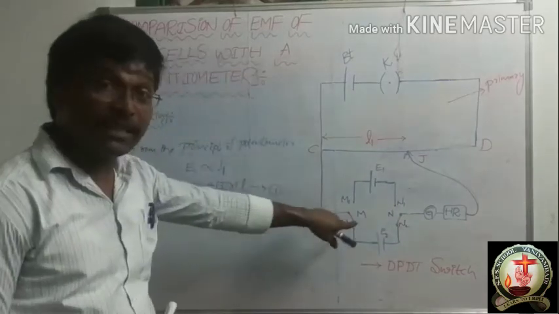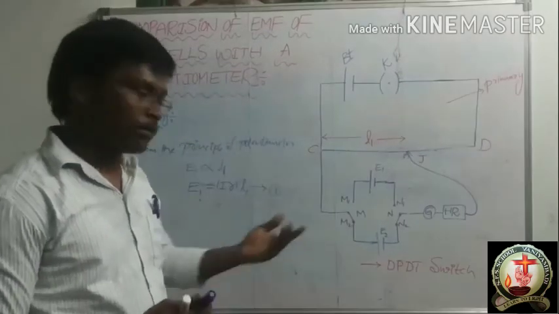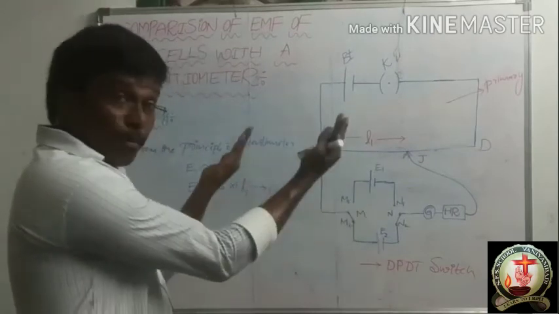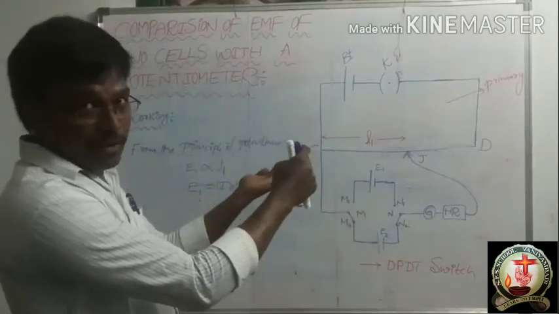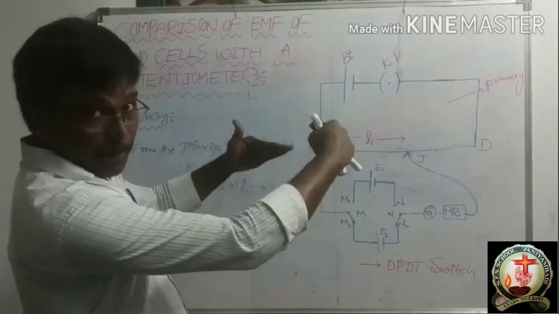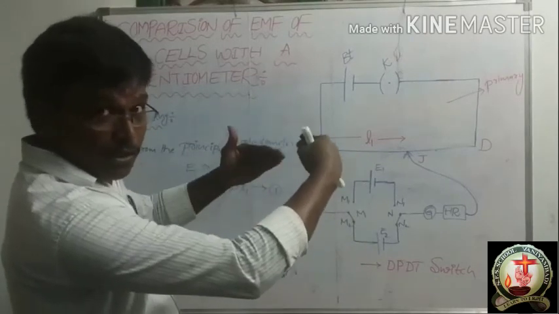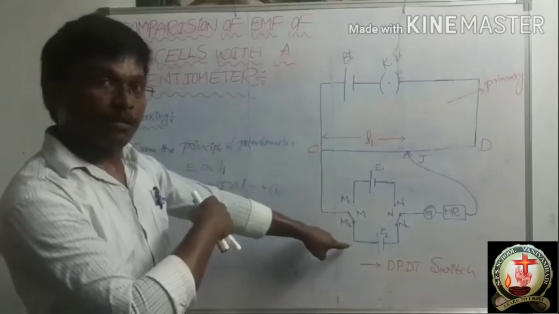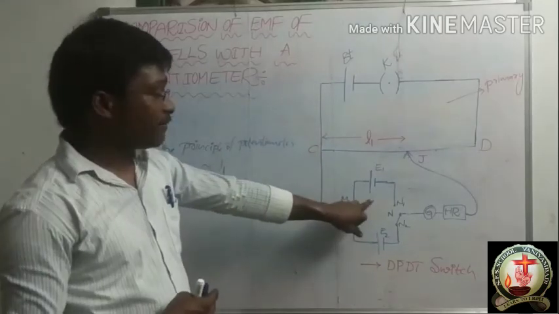Which cell is connected in the secondary circuit this time? The second cell. The first time the dp/dt switch was pressed to the top, so it was connected to the first cell. The second time it is pressed down, towards the second cell, so it is connected to the second cell.